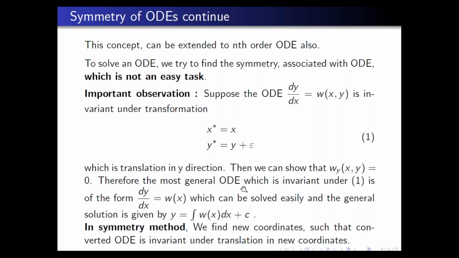Therefore, the most general ODE which is invariant under this is of the form dy by dx is equal to w(x), which can be solved easily, and the general solution is given by y is equal to integration of w(x) dx plus c. In the symmetry method, we find new coordinates such that the converted ODE is invariant under translation in the new coordinates. These new coordinates, later on, we will call canonical coordinates.